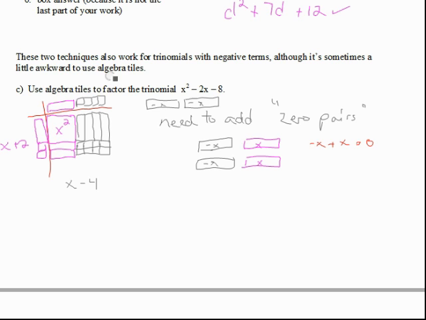Then you need to check that x times x is x squared, and negative 1 times x is negative x, right? And this is the negative here. That works all the way across. And then 1 times x is positive x, and negative 1 times 1 is negative 1. So that all worked, okay? So our answer is x plus 2 times x minus 4.